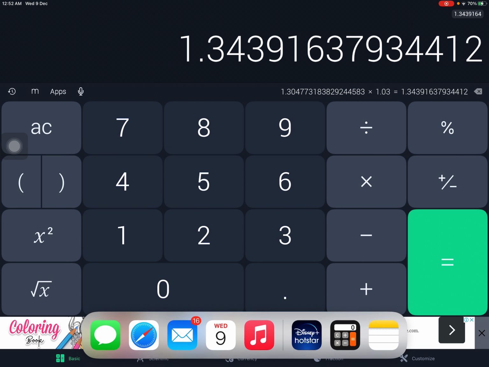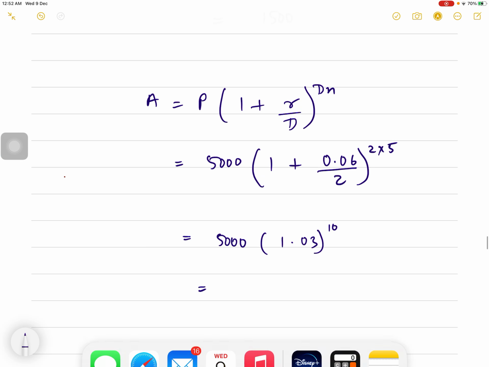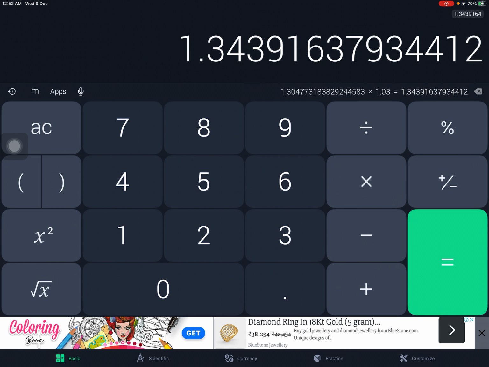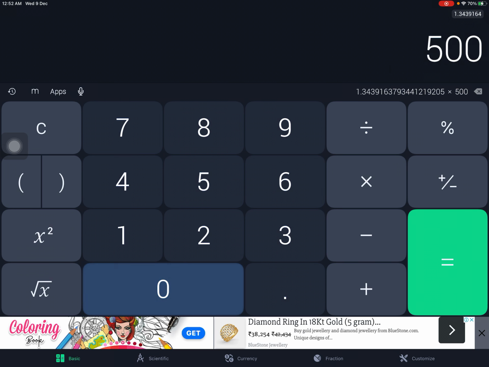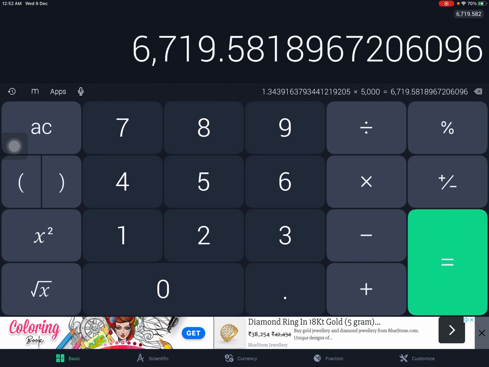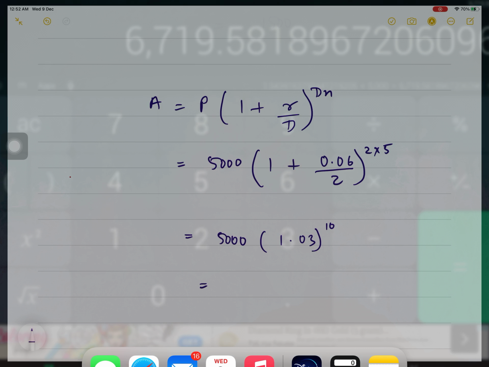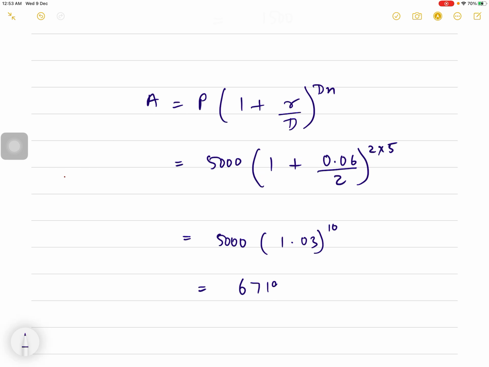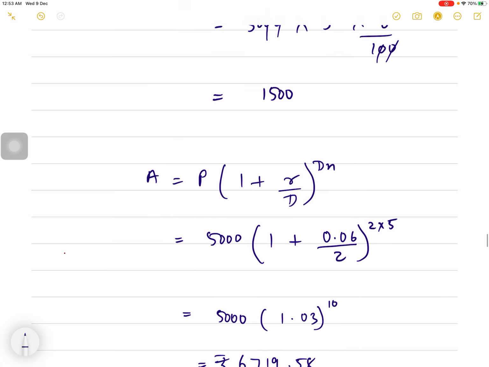Multiplied by what was the principal? Principal 5,000. Multiplied by 5,000. 6,719.58.